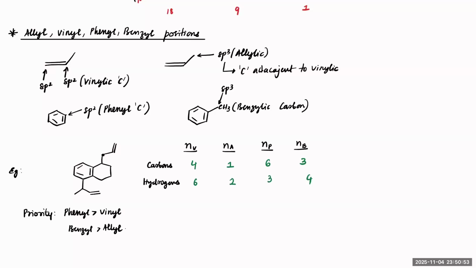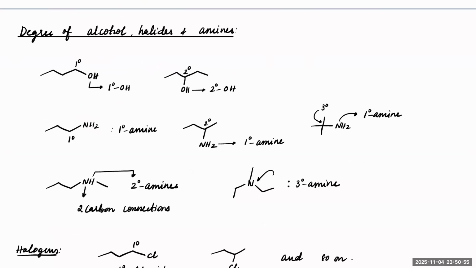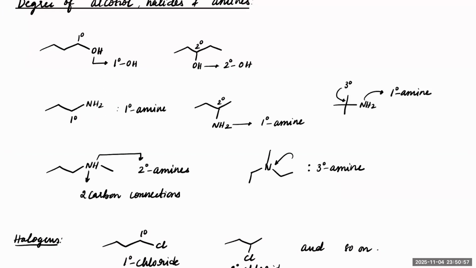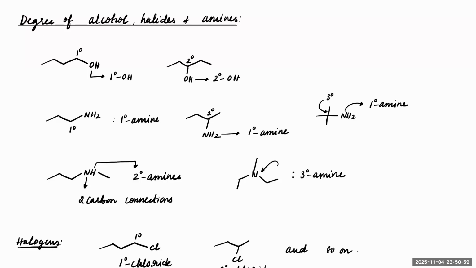Okay. Next, check out how we assign the degree of compounds, like 1 degree, 2 degree, 3 degree of a functional group. Suppose you have an alcohol at a carbon which is 1 degree, then you call it a 1 degree alcohol. If the carbon is 2 degree, then you call it a 2 degree alcohol. Similarly, it is 1 degree amine, 2 degree amine, 3 degree amine.